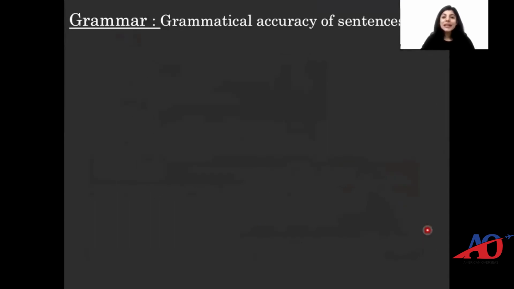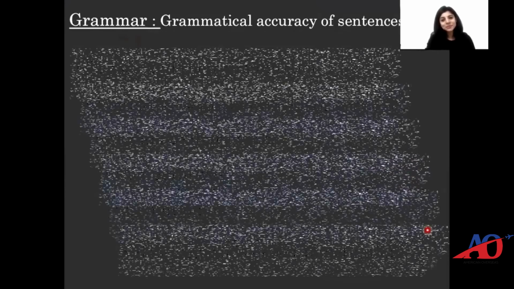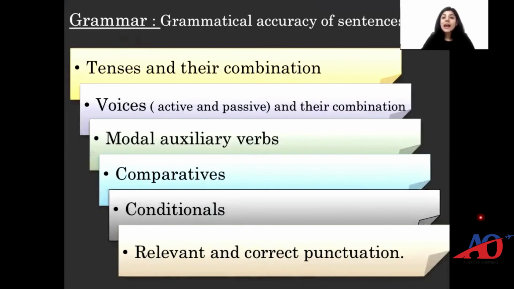All right, the criterion of grammar is judged on the grammatical accuracy of sentences. As in, how correctly are you able to use tenses and their combination, correct voices and their combination, modal auxiliary verbs, comparatives, conditionals, relevant and correct punctuation.